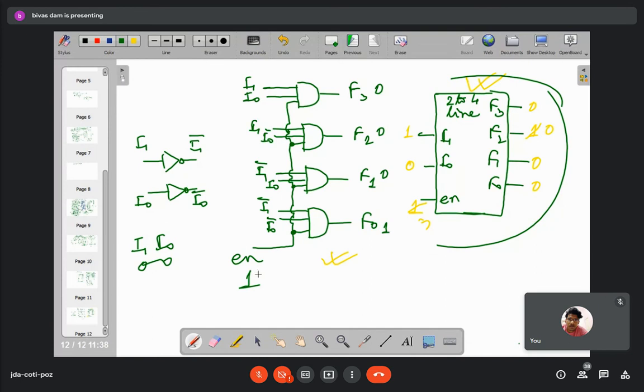But enable input I'm switching from 1 to 0. What will happen? Will there be any change in F3? No sir. In F2? No sir. F1? No sir. F0? F0 becomes 0. Yes. After a while I changed the enable from 0 to 1. What will happen? F0 will turn 1. Others will remain 0. Then I made it 0 again.